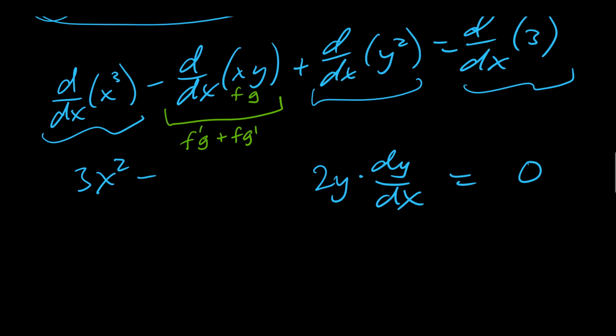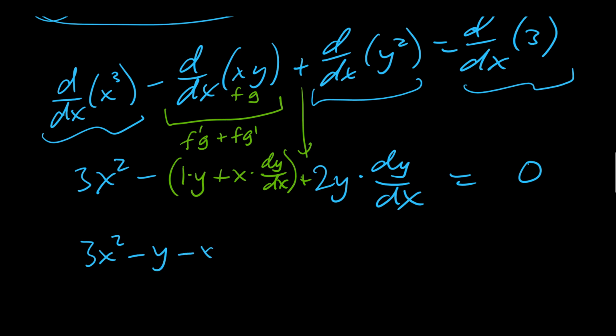So when we do this problem, the derivative of x with respect to x is just 1 times g, which is y, plus f, and then the derivative of y with respect to x is just dy dx. It's 1 times dy dx. And then this plus comes down. So what do we have left over here? We have 3x squared minus y minus x dy dx plus 2y dy dx equals 0.